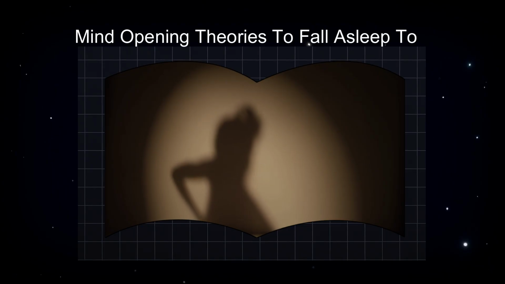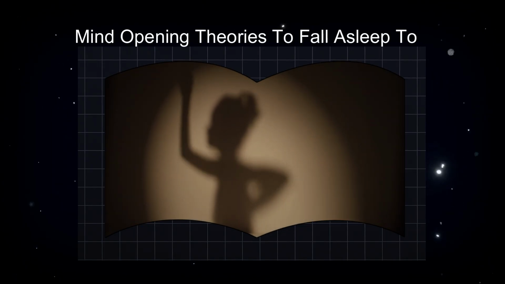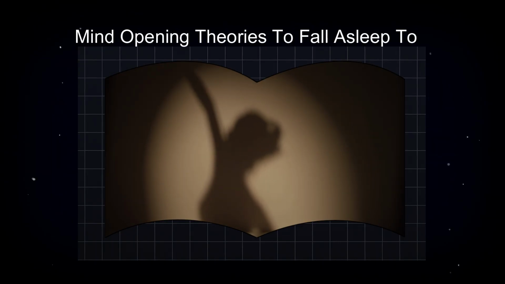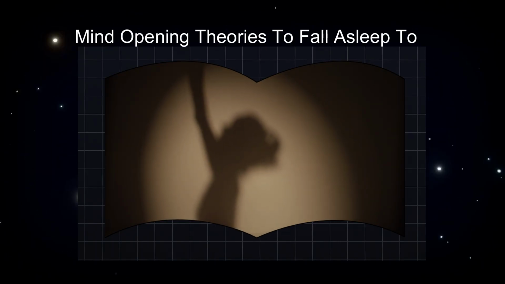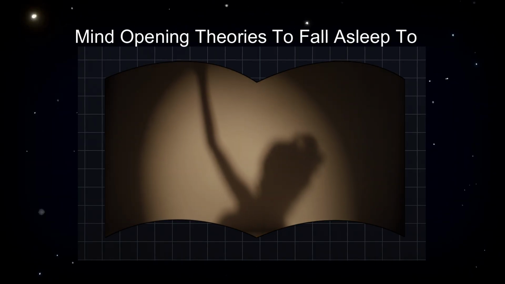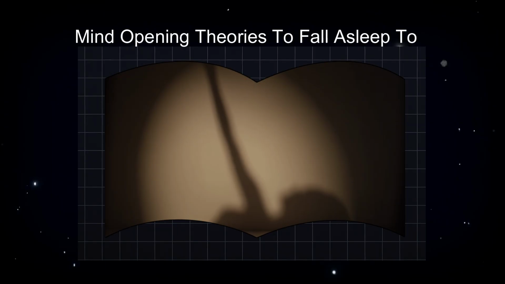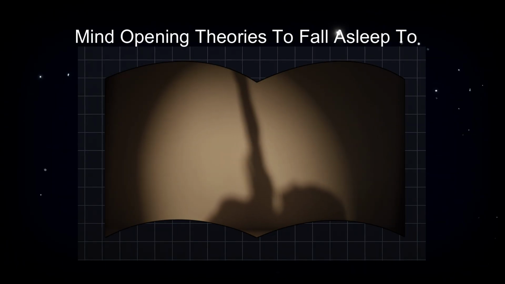Now enter the black hole information paradox. According to classical physics, when something falls into a black hole, it disappears behind the event horizon, gone forever. All the information about it, what it was made of, what it looked like, seems to vanish. But quantum physics says, nope, information can't be destroyed, ever.